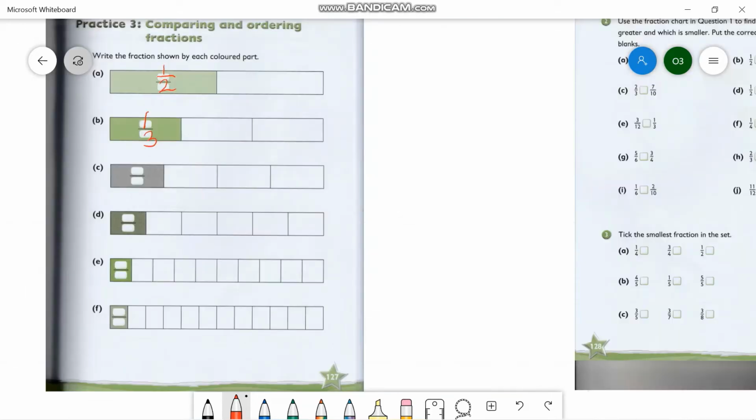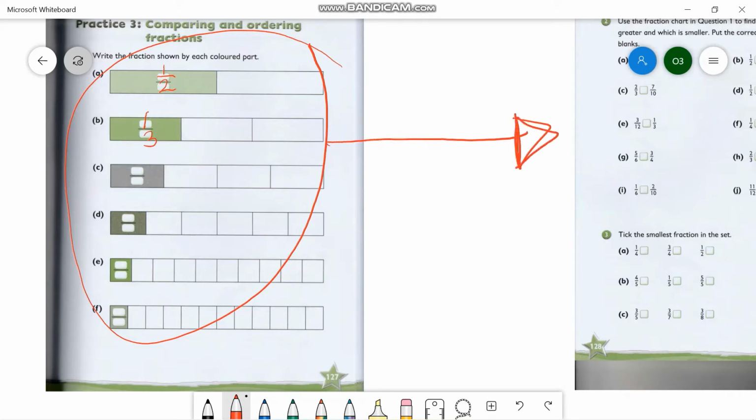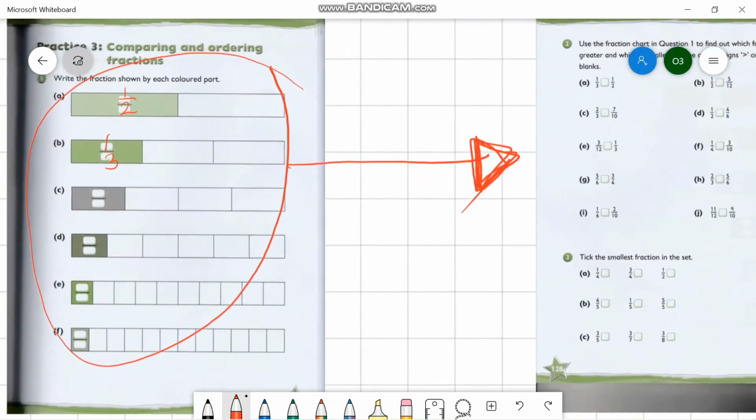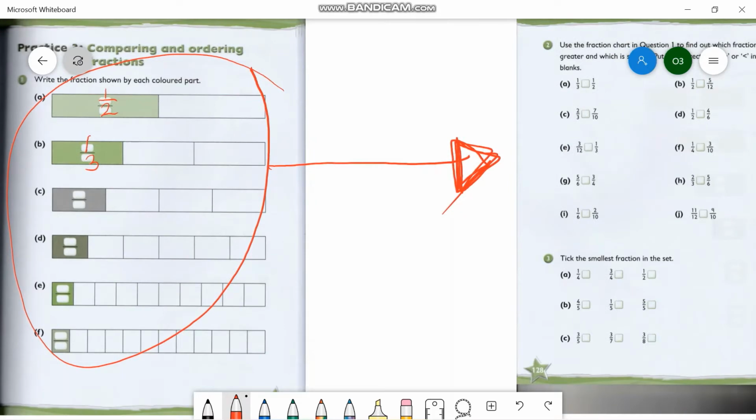Just look at the fractions in exercise 1 so that you will be able to answer question number 2.